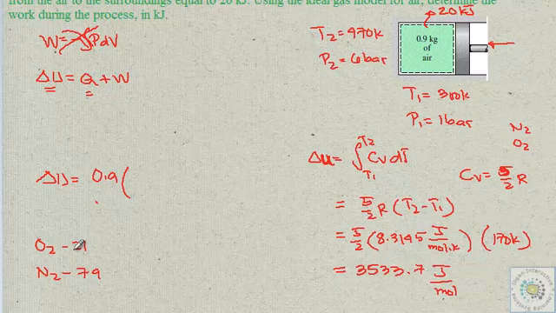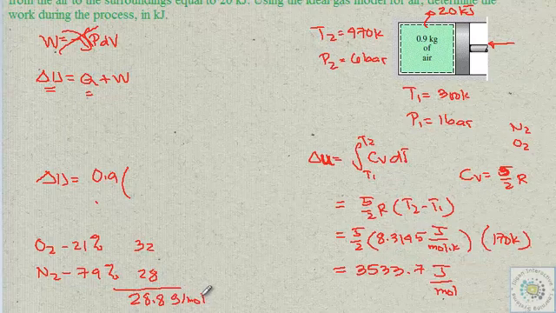The molecular weight of O2 is 32, and N2 is 14 times 2, that is 28. So the average will be 32 times 0.21 plus 28 times 0.79. It will be 28.8. Or actually you can use 29. I'm just using 28.8 gram per mole.